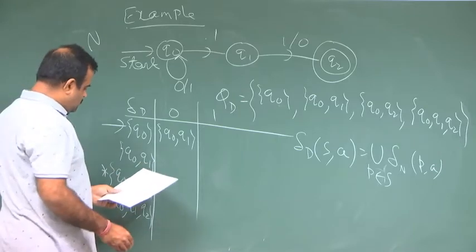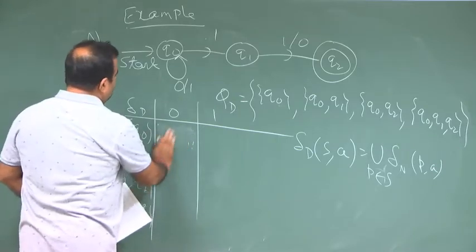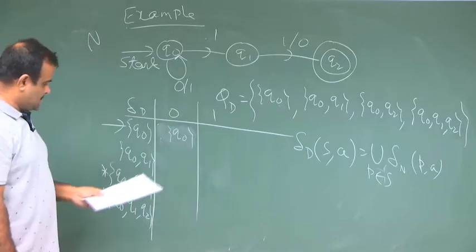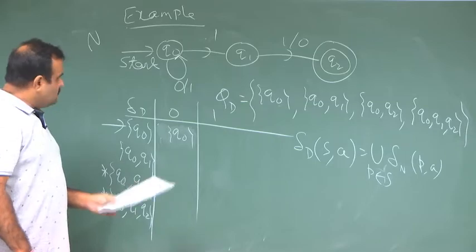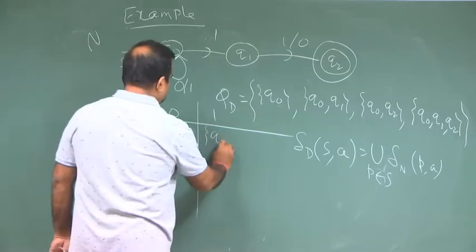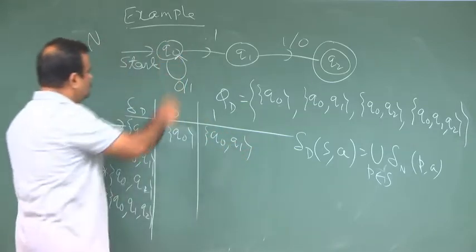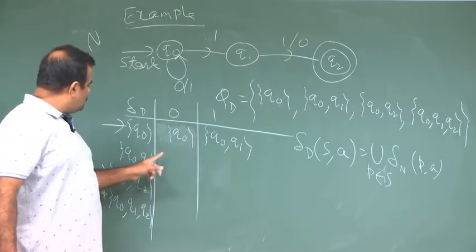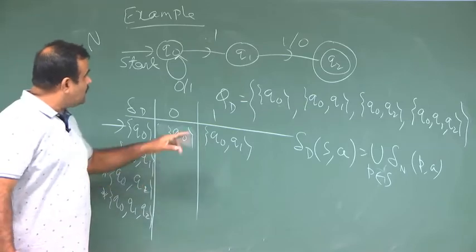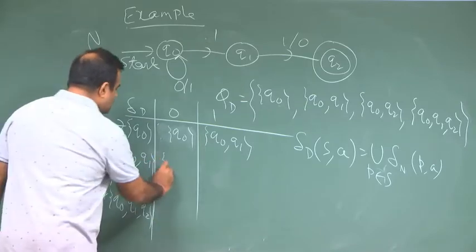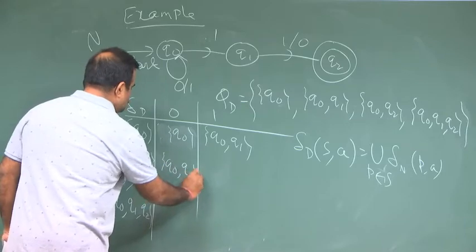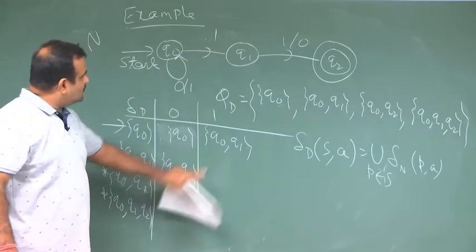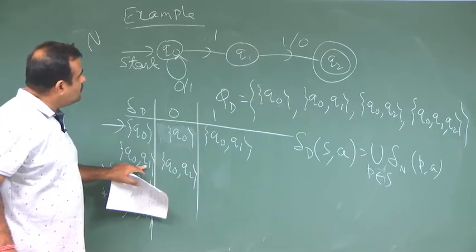Anyway, for 0 it is only q0, and with 1 it is q0 q1, because with 1 we have two options. Now, for q0 q1, with 0 on q0 we have q0, and on q1 we have q2. So, this is q0 q2, and similarly with 1 on q0 this is the case, and with 1 on q1 we have q2.